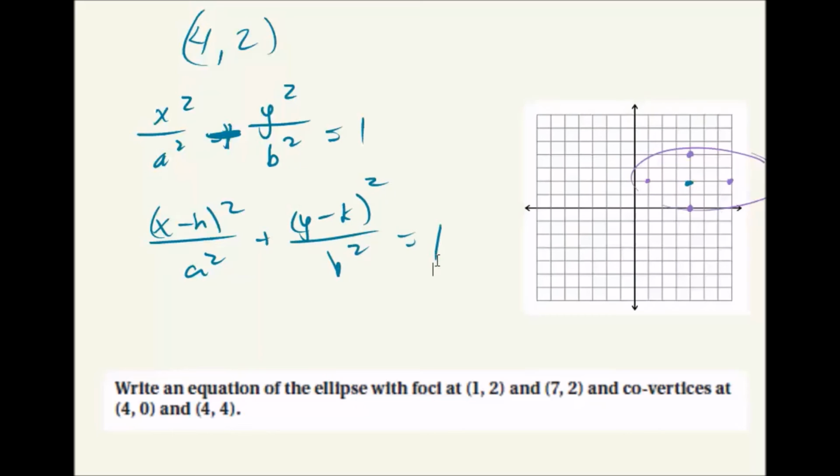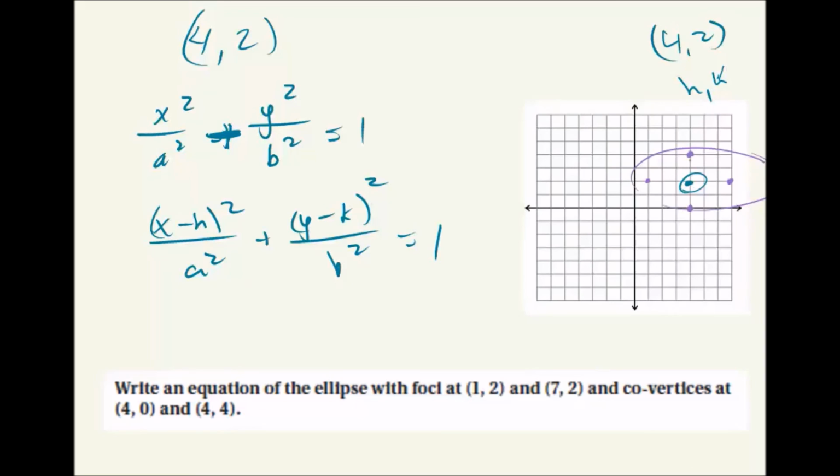And I know to put h and k with x and y because h is a left and right shift, it goes with x, k is an up and down shift, it goes with y. Makes a lot of sense. Now, we're almost ready to solve this. We know what the new center is. We know what h and k are. We know it's (4, 2). We just need to find out what a is. And to be fair, we don't actually know what b is yet either.